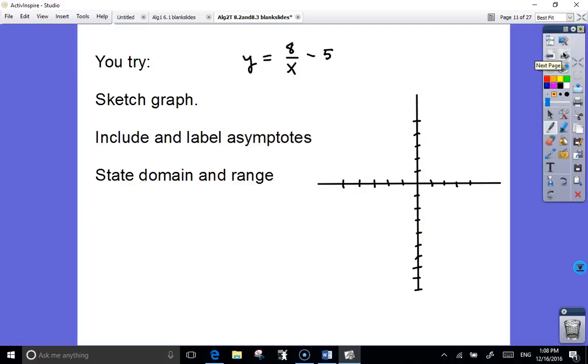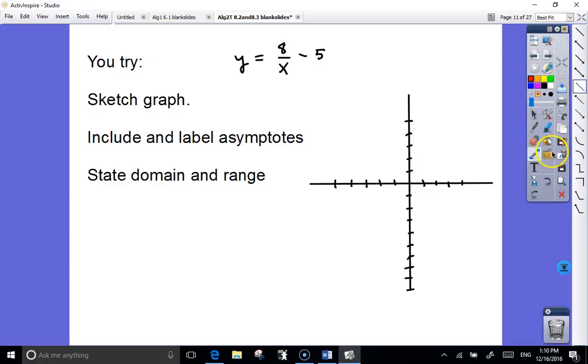Okay, so try this one. So there's only one shift going on, right? What is it? Down 5, okay? And so that should be moving the horizontal asymptote 1, 2, 3, 4, 5.